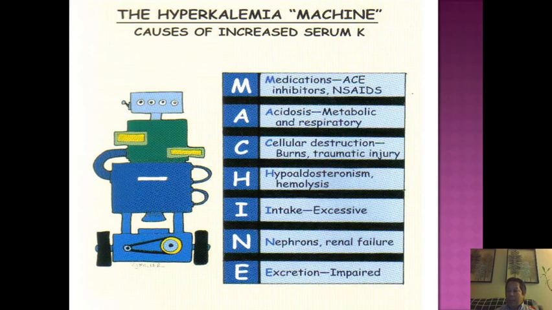Remember, aldosterone is the hormone responsible for reabsorbing sodium, and if you don't reabsorb sodium, then you will lose sodium, and potassium will come out of the cell, and potassium will stay in the blood vessels. So it's like sodium and potassium, they have a love and hate relationship.